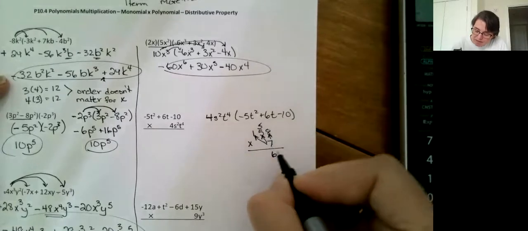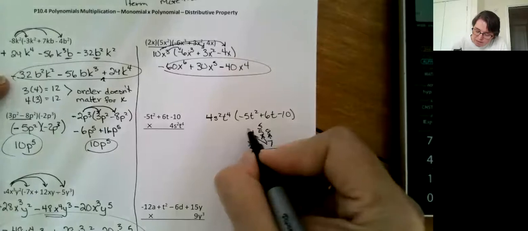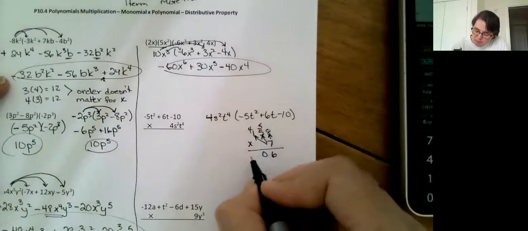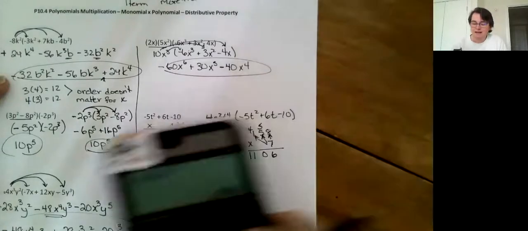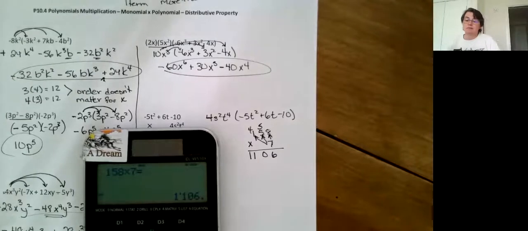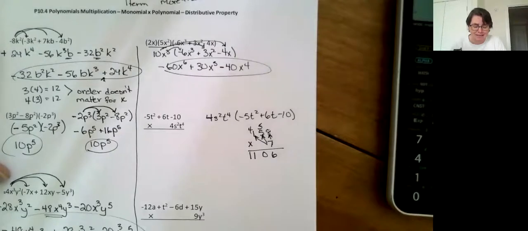Carry the 5. 7 times 5 is 35, and 5 more is 40, so carry the 4. 7 times 1 is 7, and 4 more is 11, so 1106. And oh my goodness, I want to check this on the calculator. I'm so embarrassed. 158 times 7, please. Yes. Ta-da. Exercise your brain. Okay, anyway, getting back to the actual question.